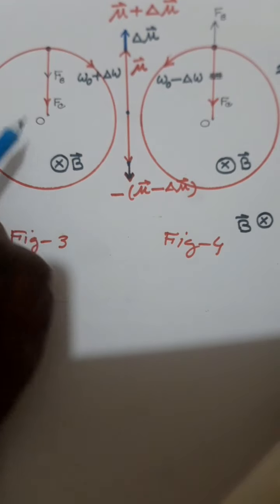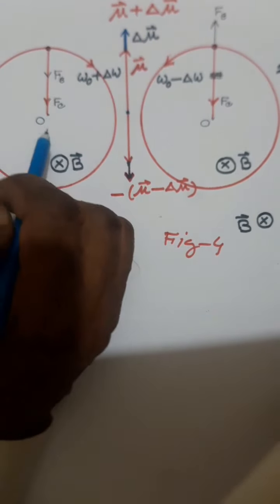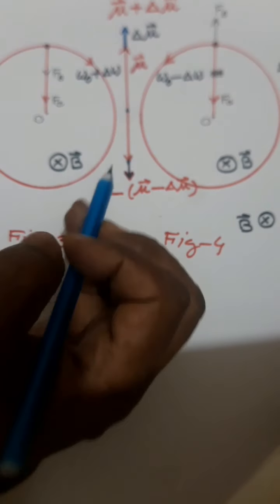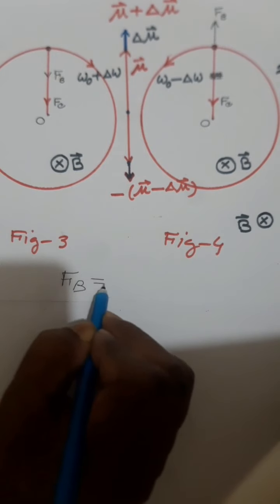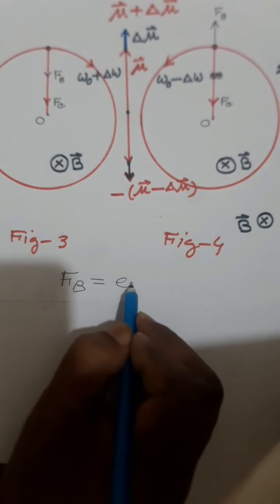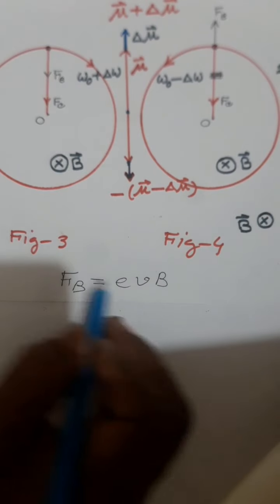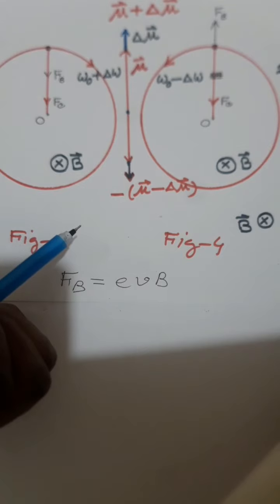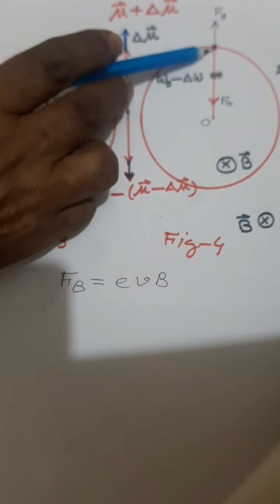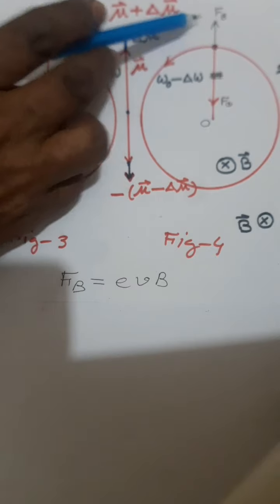Two magnetic forces Fb are of the same magnitude, Fb equal to evB, but Fb is towards the center for the first electron and it is away from the center for the second electron.